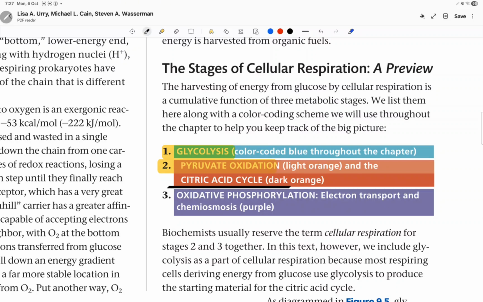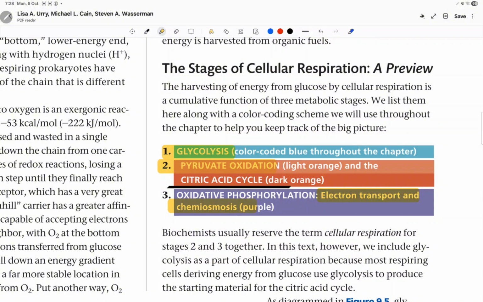We also have finally the process called oxidative phosphorylation, which is made of 2 stages, the electron transport chain along with chemiosmosis. These are the stages to take you from 1 glucose to approximately 32 ATPs. They have to involve both the cytoplasm and the mitochondria working with each other.